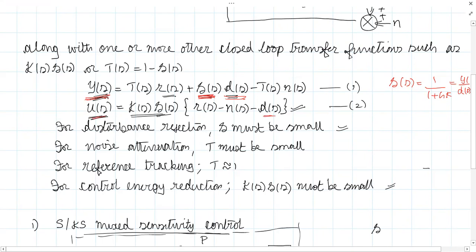Okay, it is K into S, because if R of S is 0 and N of S is 0, basically it will be the transfer function between the control input U of S and the disturbance D. So K into S, the product of control transfer function and sensitivity, is the transfer function between the control signal U of S and the disturbance D.